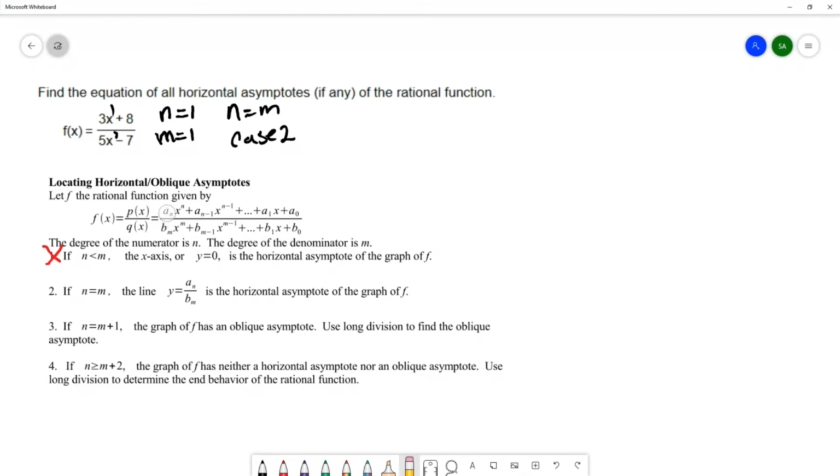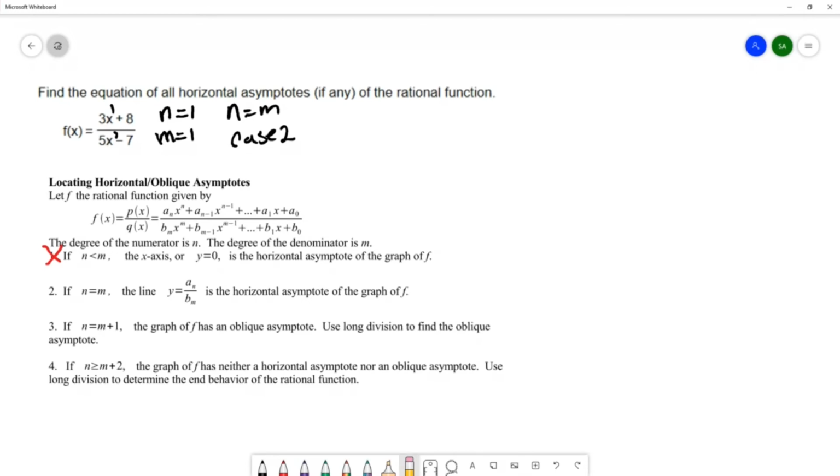They are the coefficients attached to those highest degree terms. The coefficient of the highest degree term in the numerator is 3, and for the denominator, that coefficient is 5.